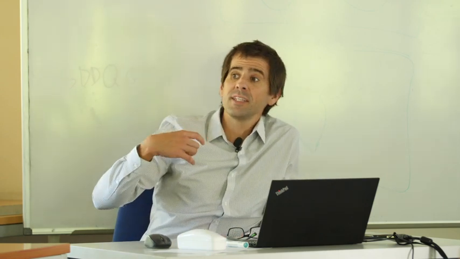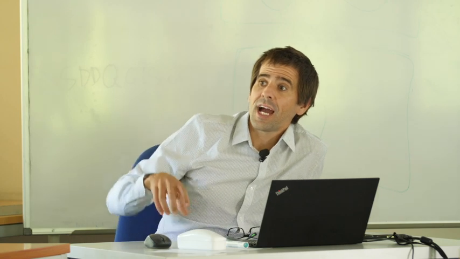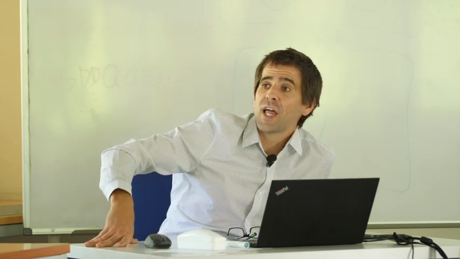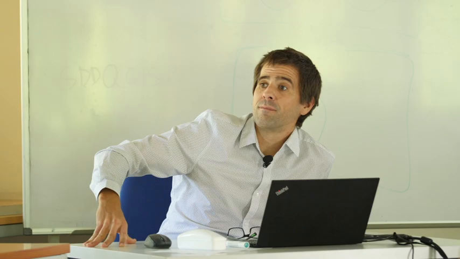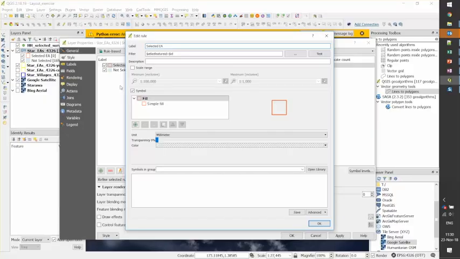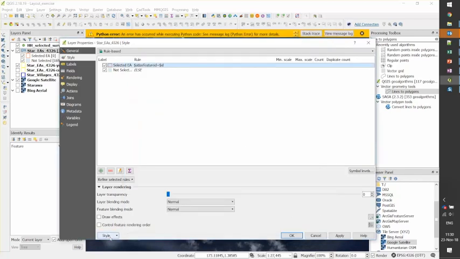And then imagine that you save this project and you want to assign this style to another layer. This style, this rule base, you can save it as I showed you the other day.